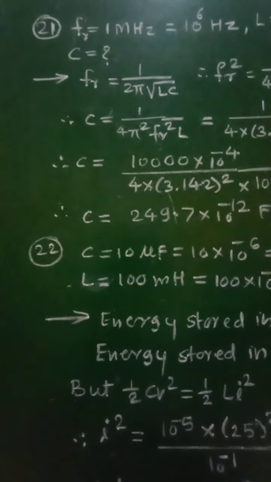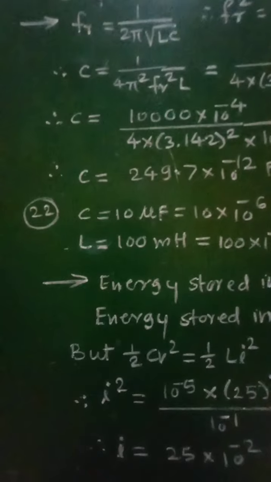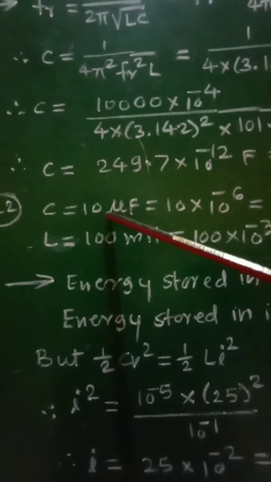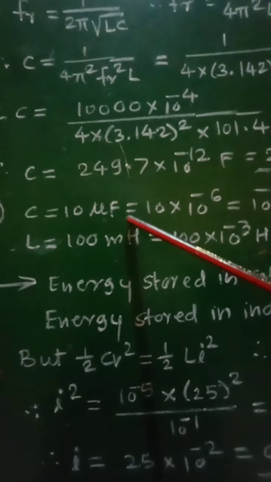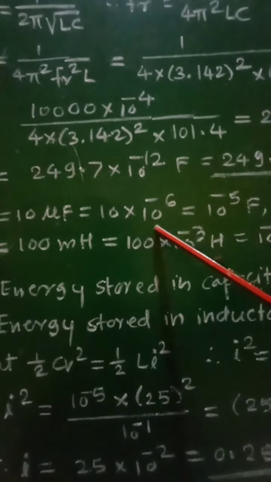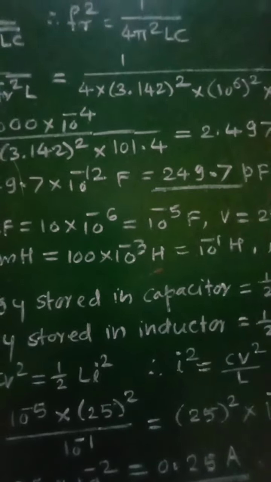Calculate the maximum current in the coil. For this numerical, given data is capacitance C equal to 10 microfarad, which will be written as 10 into 10 raised to minus 6 farad, which comes out to be 10 raised to minus 5 farad.